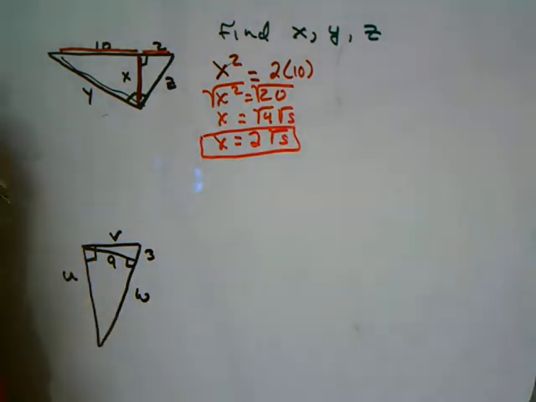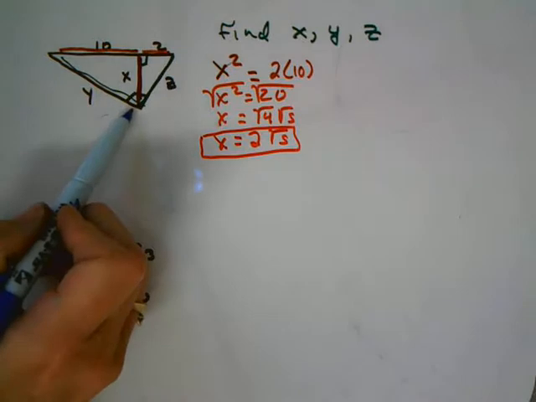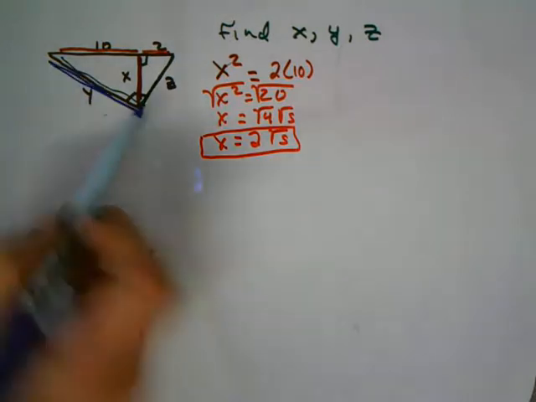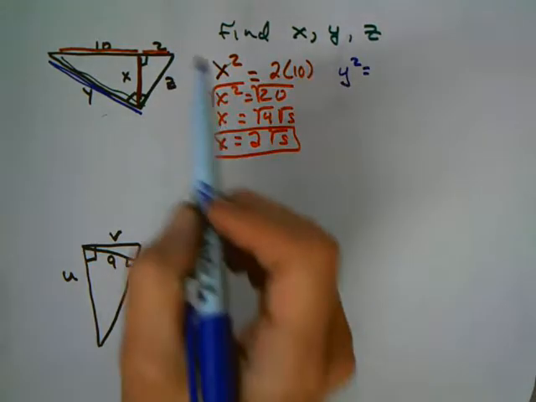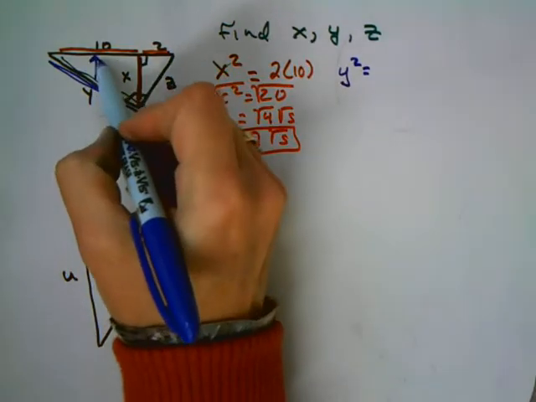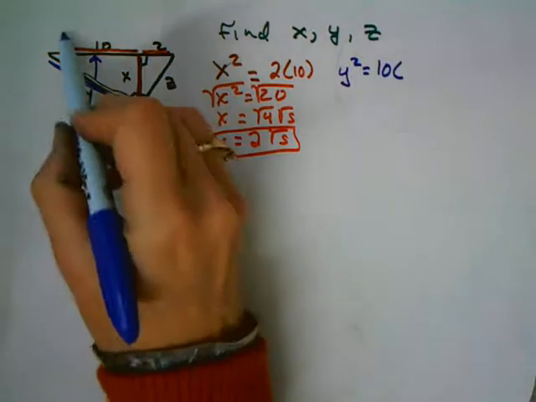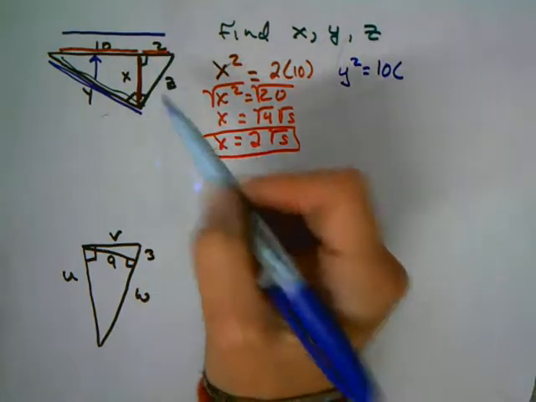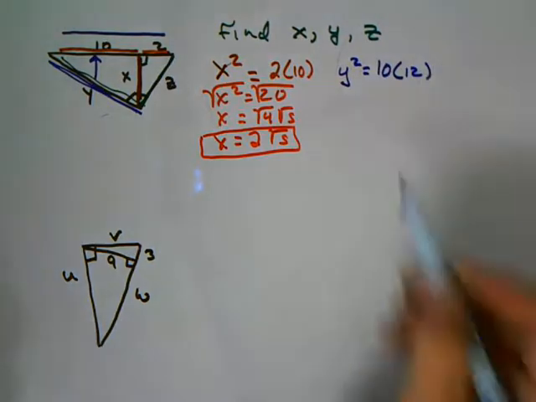Now when I look at Y, right along here, I know Y squared equals the piece directly across from it, 10, times the entire length, which is 10 plus 2, so 12. That makes Y squared equal to 120.